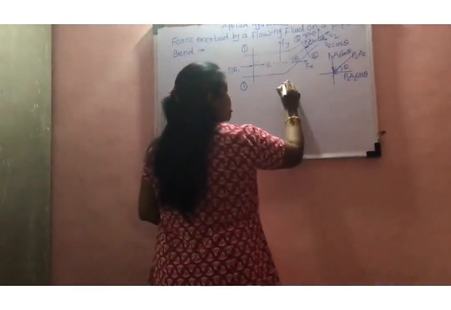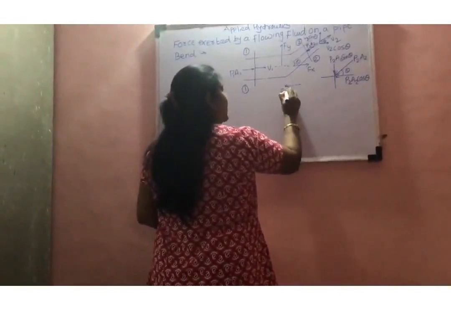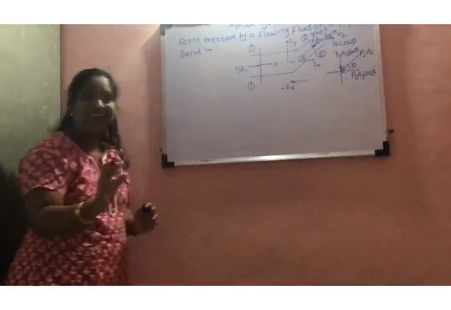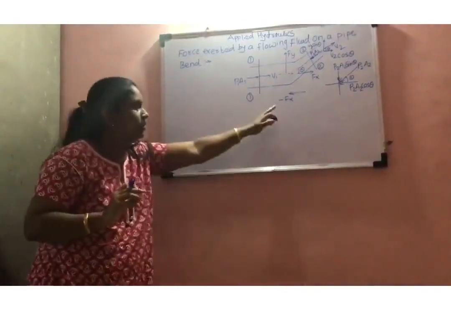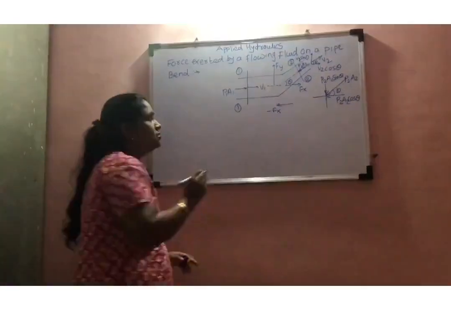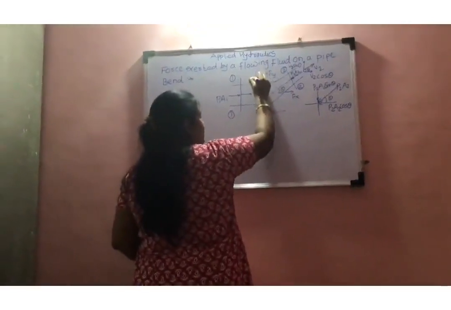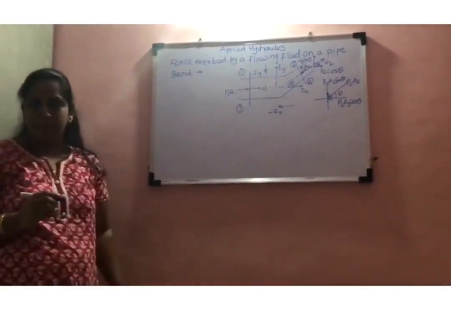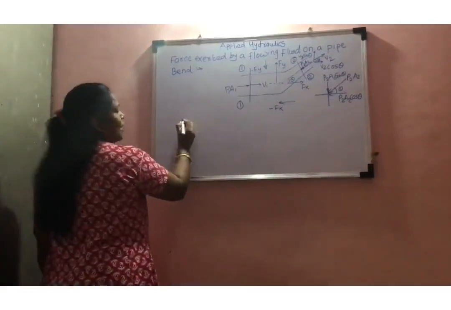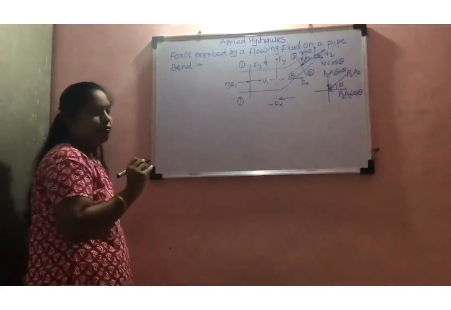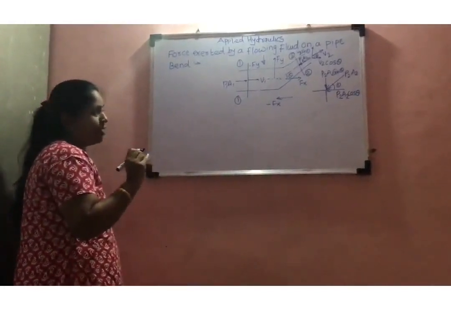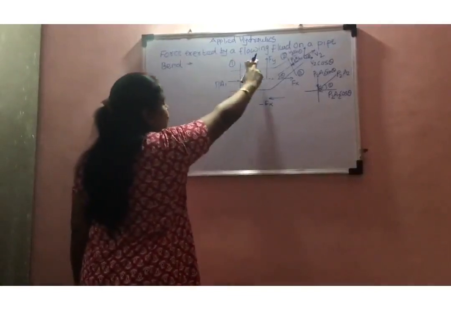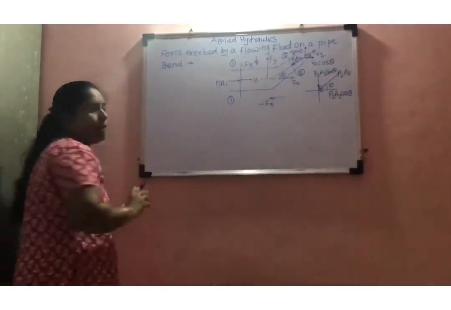That reaction is exactly equal and opposite to that horizontal force, that is minus Fx. Similarly, along this direction, the reaction force will be minus Fy. So here we are going to resolve the forces and find out Fx and Fy, that is the force exerted by the flowing fluid on a bent pipe.